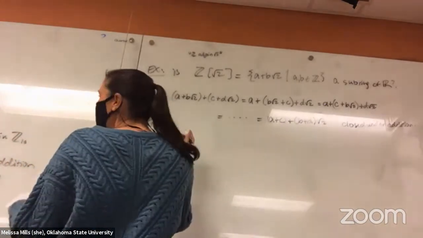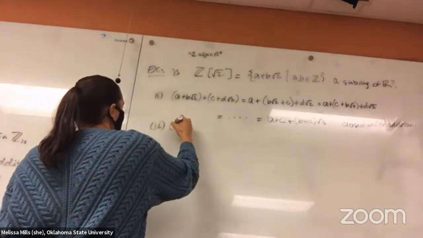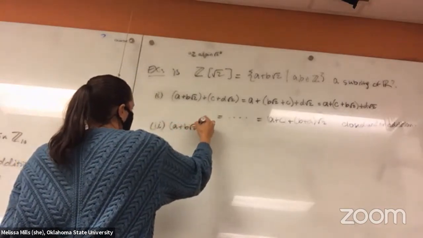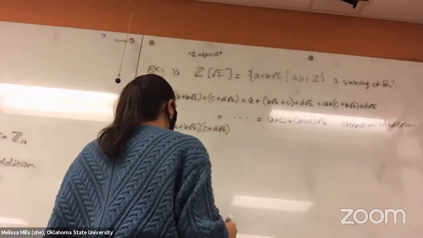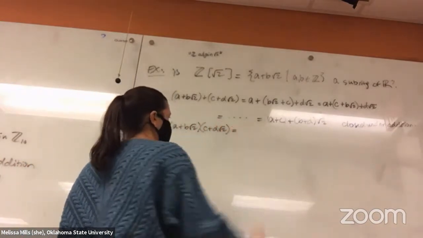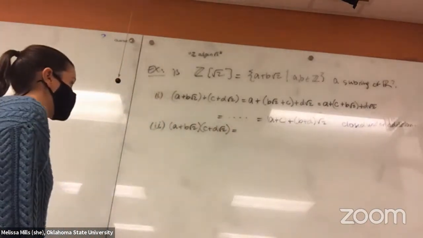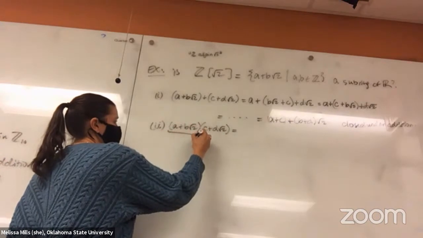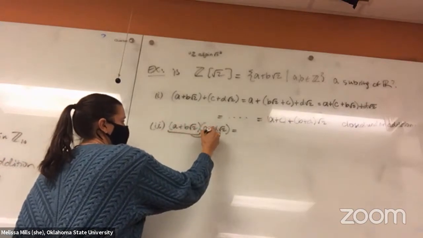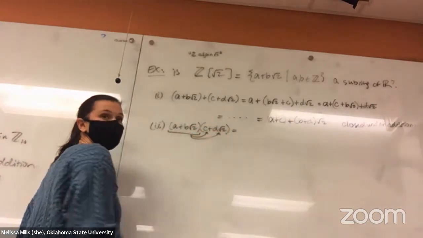Okay, so let's look at multiplication. If we do A plus B square root of 2 multiplied by C plus D square root of 2, what do we get? We're going to have to use our properties. I can use the distributive property to distribute this to both of those, right?